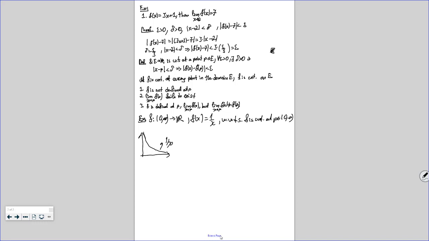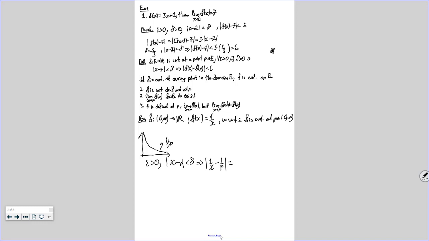To prove it, again, we take epsilon greater than 0, and we say that |x - p| is less than delta. From here, our job is to prove that |1/x - 1/p| is less than epsilon.